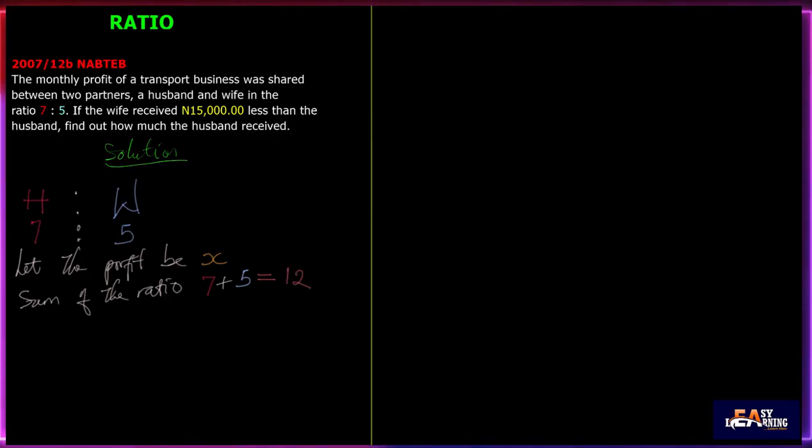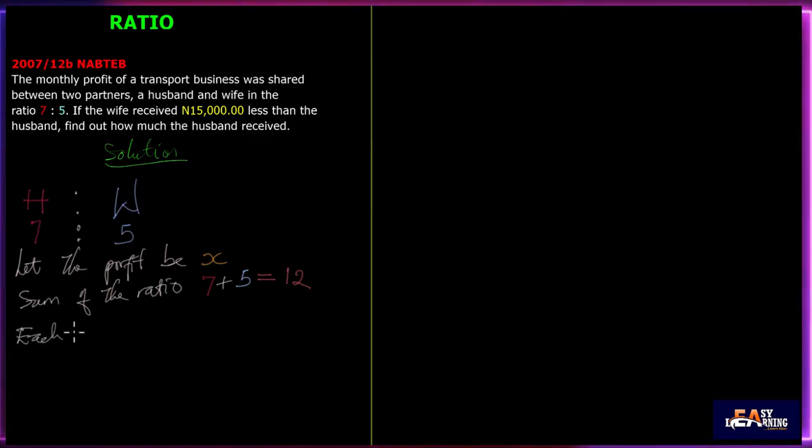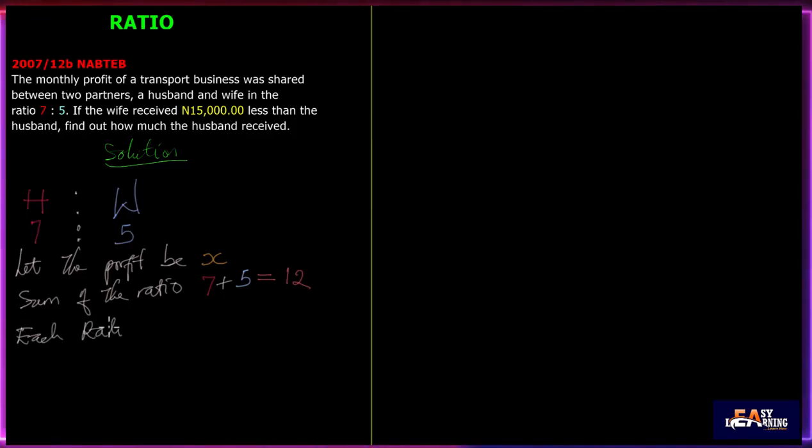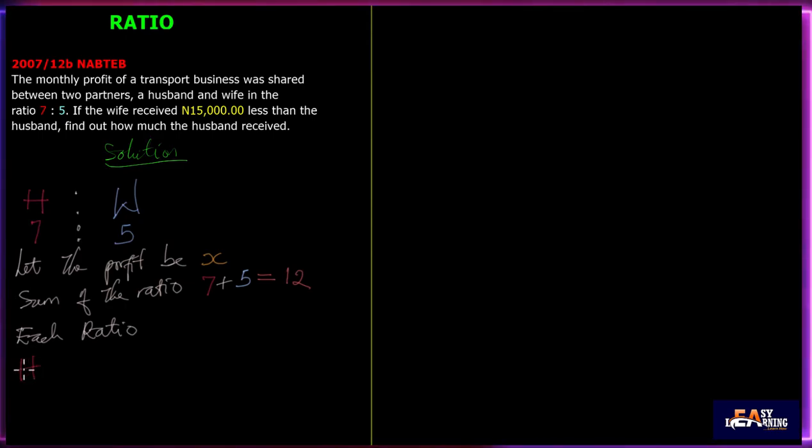So first thing first, we're gonna solve for each of their ratio, and we are going to start with the husband's ratio. H is for husband.